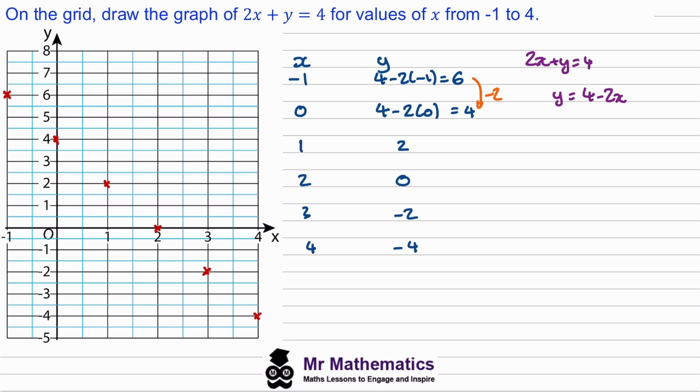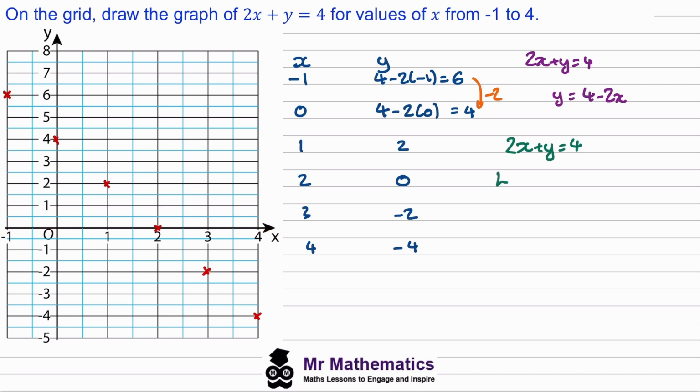But before I create the straight line, I want to show you another way we could have done this. So we've got the equation, 2x plus y equals 4. Now we only need 2 points to create a straight line. And the easiest 2 points to use are one along the y-axis when x equals 0, and another along the x-axis when y equals 0.